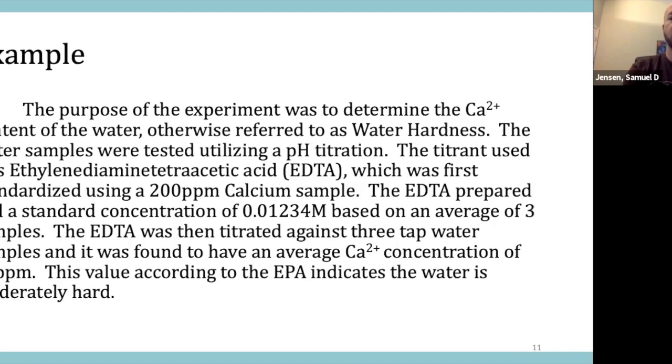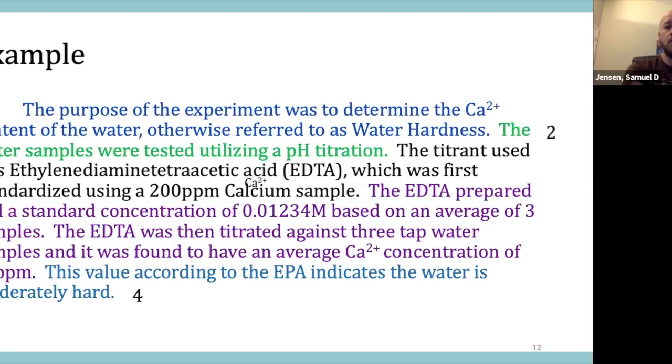The water samples were tested using titration. The titrant used was ethylenediaminetetraacetic acid, or EDTA, which was first standardized using a 200 ppm calcium sample. EDTA was prepared in a concentration of 0.012, based on an average of 3 samples, and it was further titrated and the calcium concentration was 65 ppm. The value according to the EPA means the water is moderately hard.